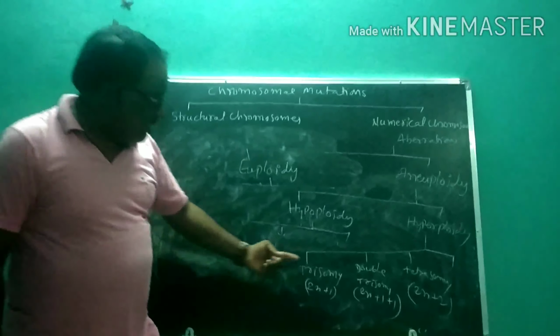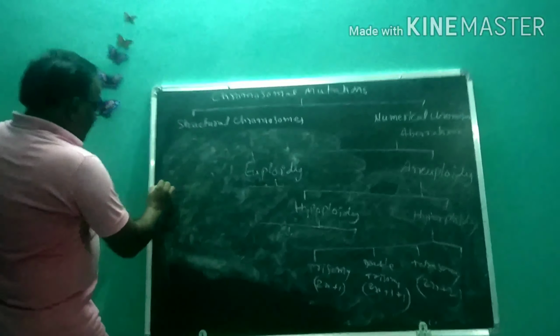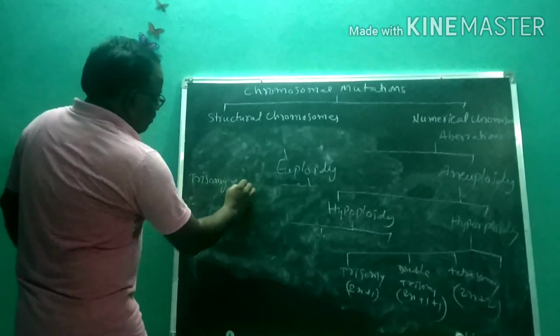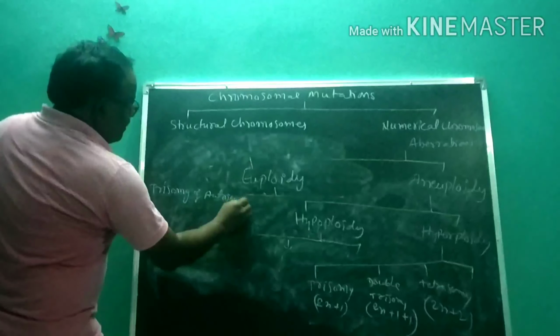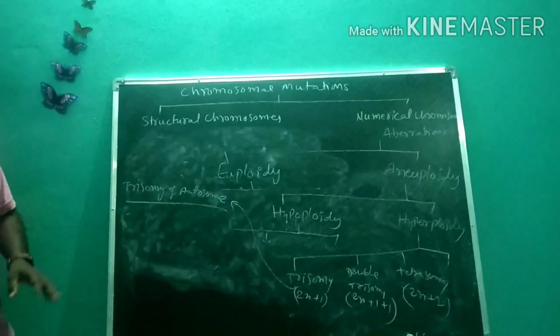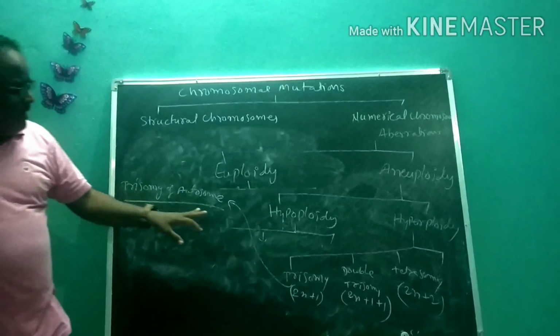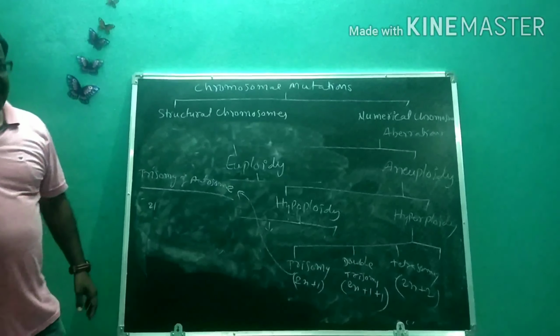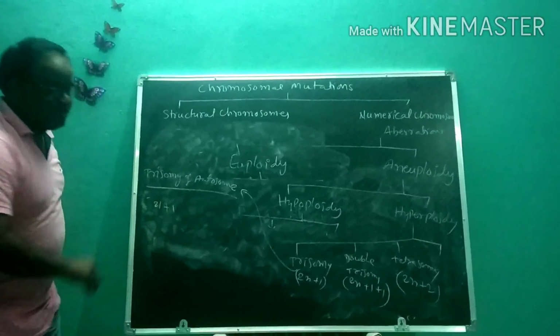Based on this, trisomy is of 2 types. One is trisomy of autosomes. For example, out of 46 chromosomes, at the place of the 21st autosome one chromosome is added.